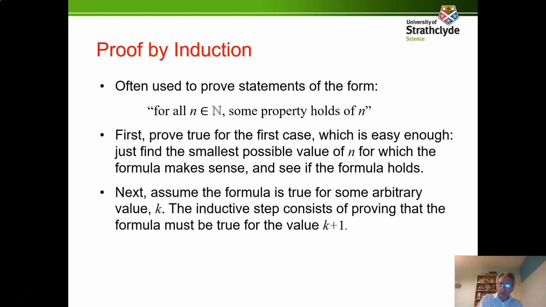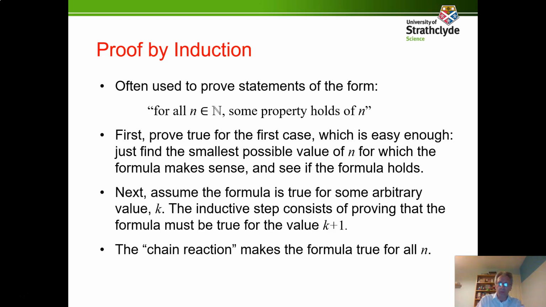So how does that make it true for all of them? Well, we get this thing called a chain reaction. We know that it's true for the first case. And we've shown essentially that the first case implies the second case. That's what the inductive step tells us. It tells us that for any k, the next one is true.